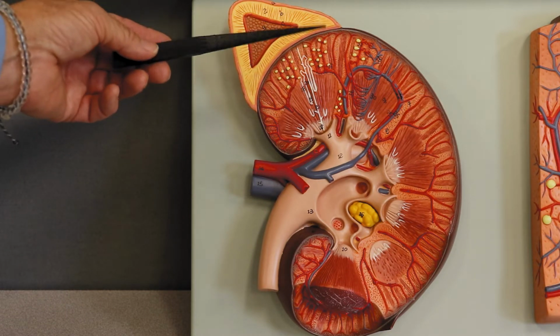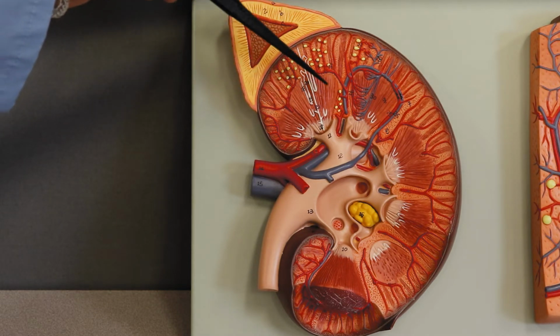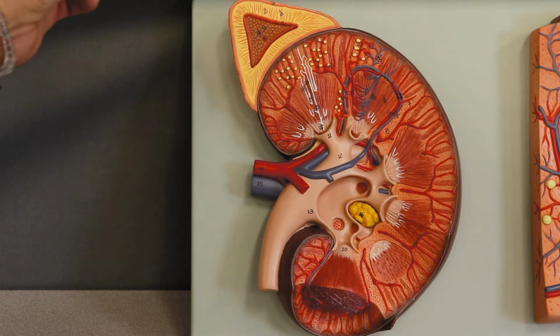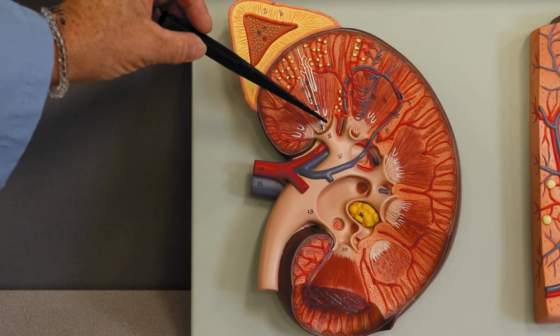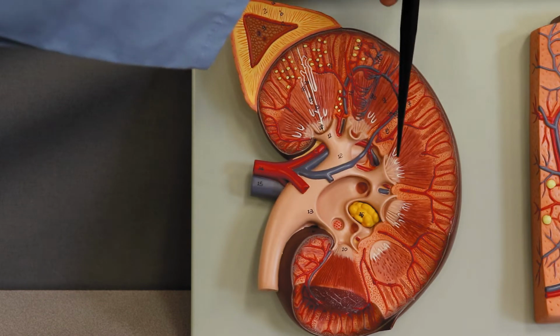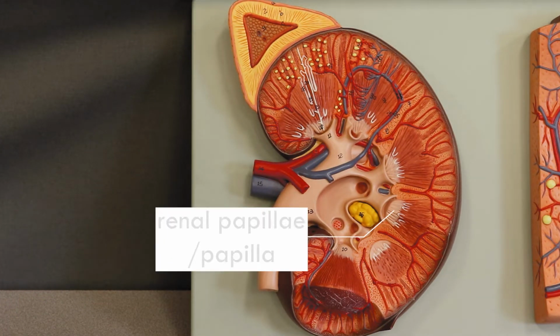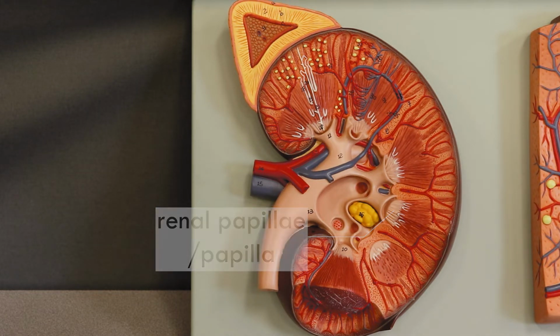And we'll talk about the nephrons separately. So the tip of the pyramid is here and here and here and here. And those are called renal papillae. Papilla in singular, papillae in plural.